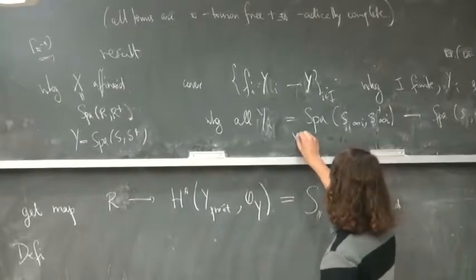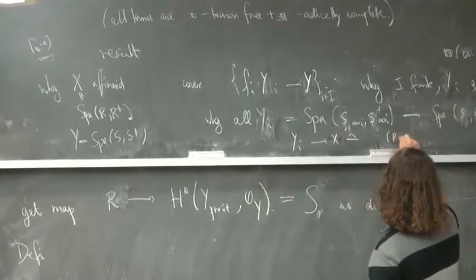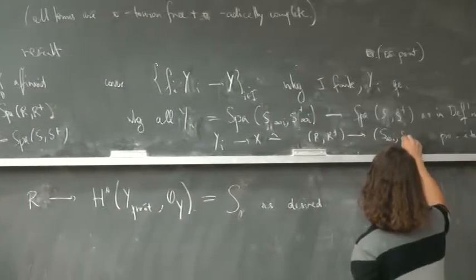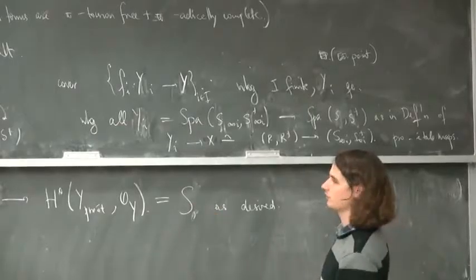Yeah, so Yi to X corresponds to a map from R, R plus to S infinity i, S infinity i plus. And they agree on overlaps.